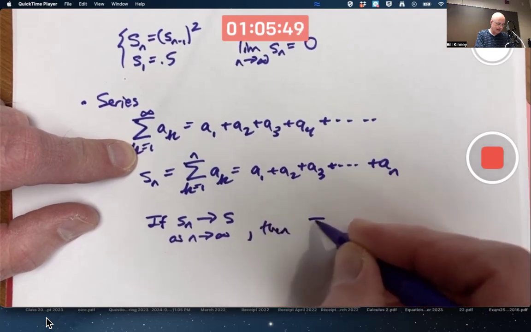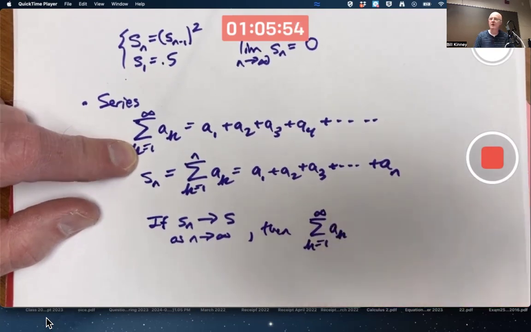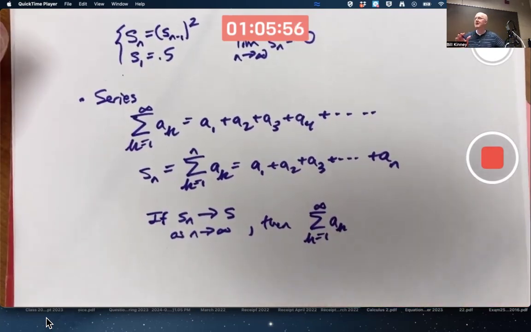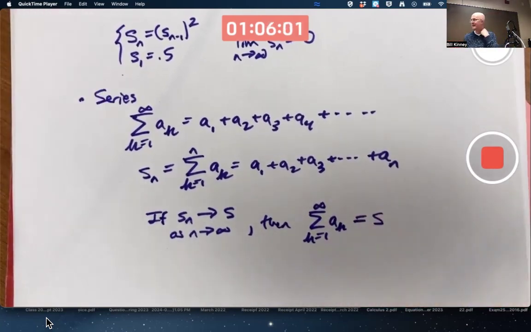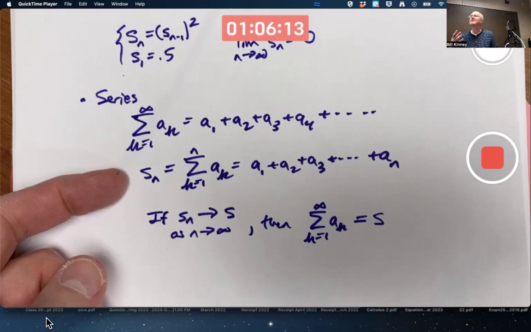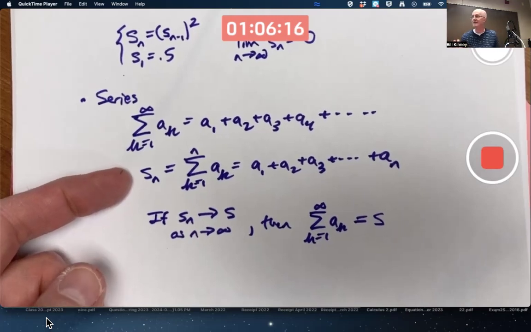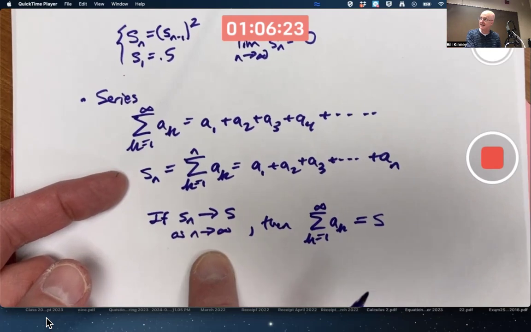Then the infinite sum also converges to S. I could write those words, but for shorthand, we say it equals S, as if we have added up infinitely many things. But no, we're only pretending to. But we're making it rigorous, we're making it precise by relating it to this sequence of partial sums, and then relating it ultimately to what it means for them to have limits. Sn approaches S means you can make Sn as close as you like to S by making n sufficiently large.